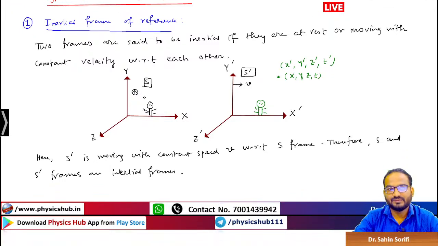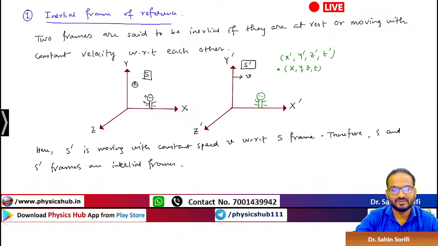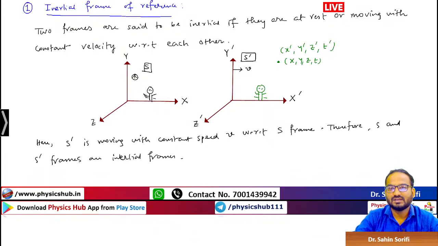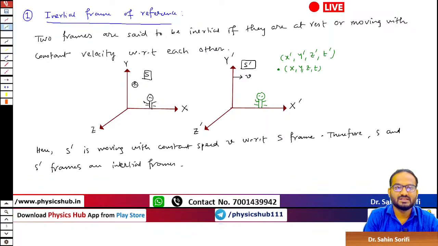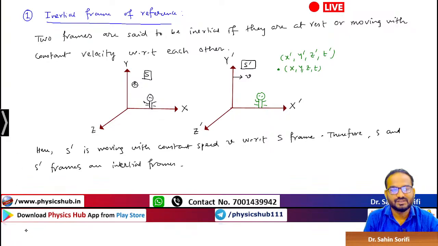Another frame of reference exists, that is a non-inertial frame of reference. Non-inertial frames are those frames which are accelerating or rotating. So there are two types: it may be accelerating or it may be rotating. You do not need another frame to define that. One frame of reference is sufficient. If something is rotating, it will rotate with respect to all the frames.